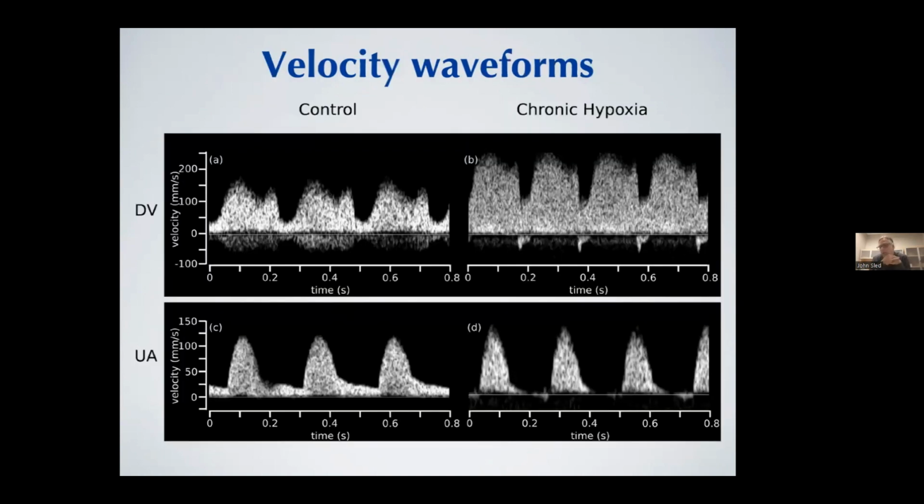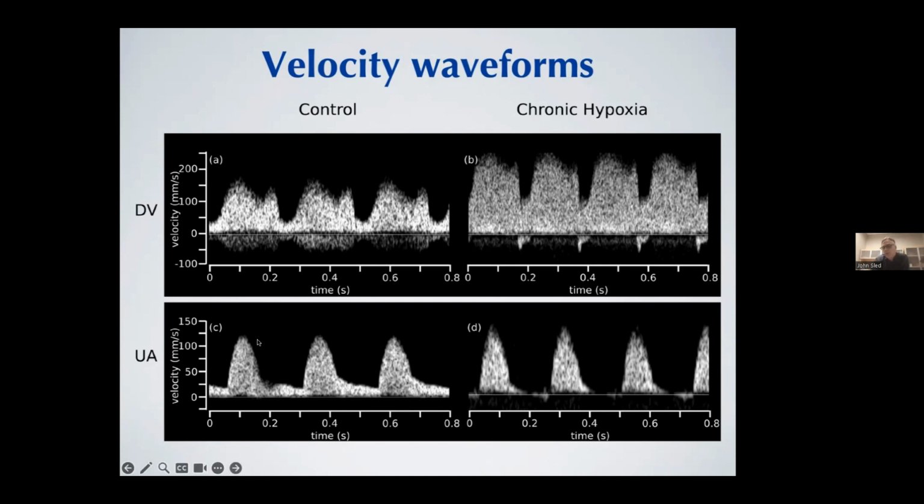When we look further at some of the hemodynamic measures, we saw things that we were familiar with from our clinical data. When we looked at the velocity of blood in the ductus venosus, one of those shunts that I mentioned earlier that bypasses the fetal liver, you see a greatly increased velocity, suggesting that the liver is being deprived of oxygen and nutrients.